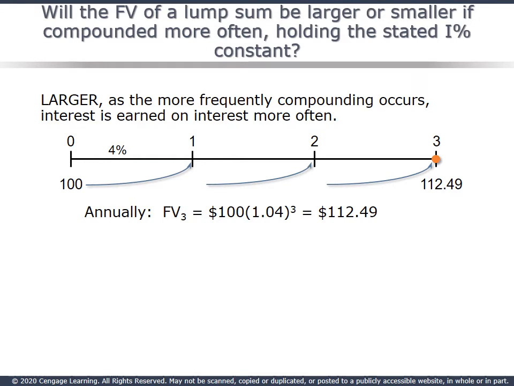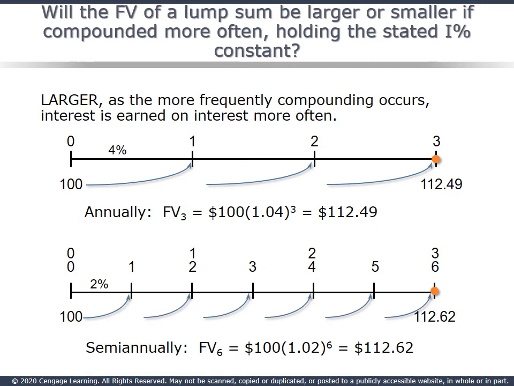With annual compounding, we end up with $112.49. What if, on the other hand, same $100, 3 years, 4%, but the interest is compounded semi-annually? So we have 6 compounding periods, 6 6-month periods, and the interest rate, the 4%, is now a periodic rate.